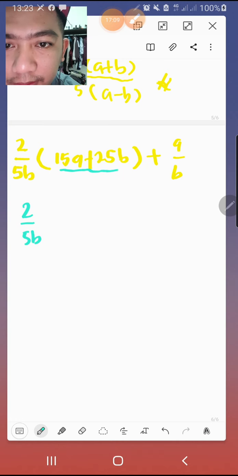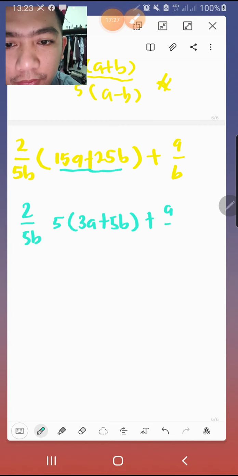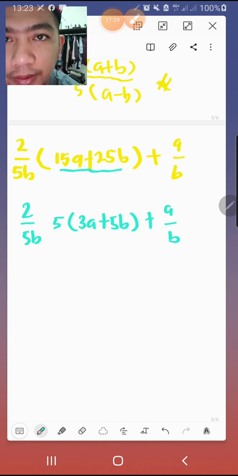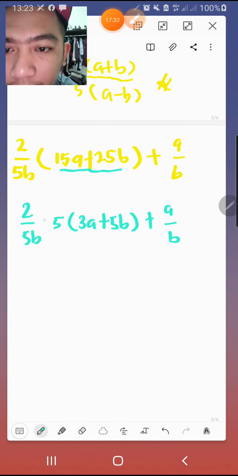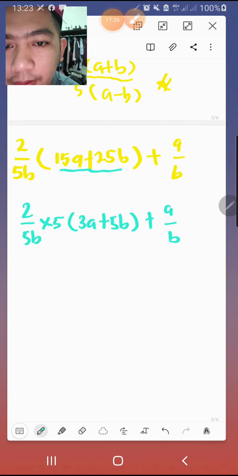So how to factorize this algebraic expression? It will become 5 times 3a plus 5b, plus a over b. So here is multiply.